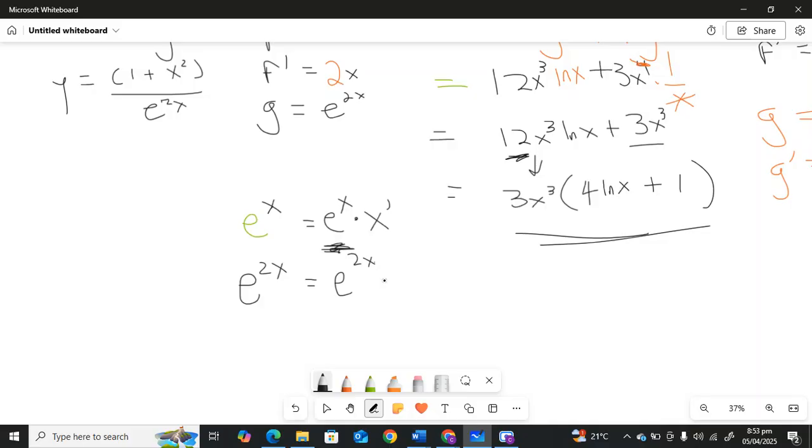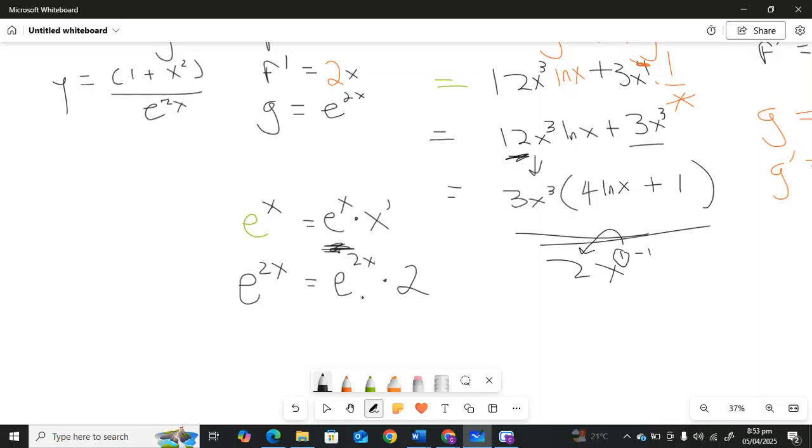Then we're going to derive this 2x. 2x is the same as 2x to the power 1. When you're deriving, exponent multiplied by coefficient, 1 times 2, that is 2. Subtract a 1 from the exponent, 1 minus 1, that is 0. So you have 2x to the power 0, but remember, anything to the power 0 is 1.